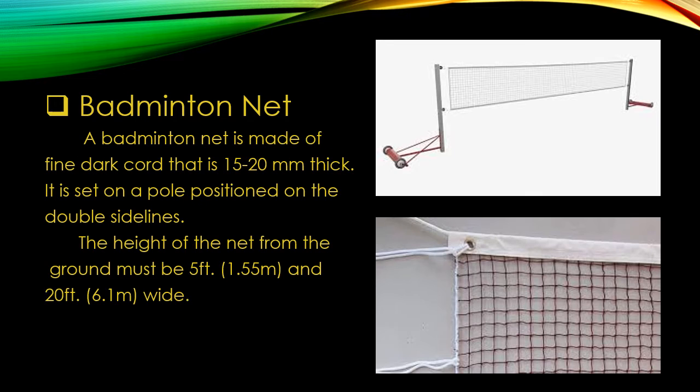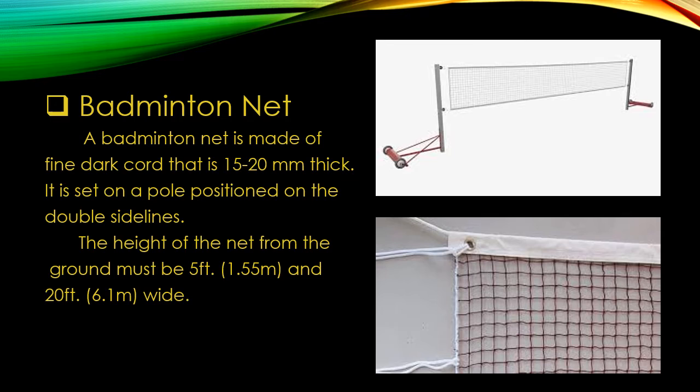Another is the badminton net. A badminton net is made of fine dark cord that is 15 to 20 millimeters thick. It is set on a pole positioned on the double sideline.